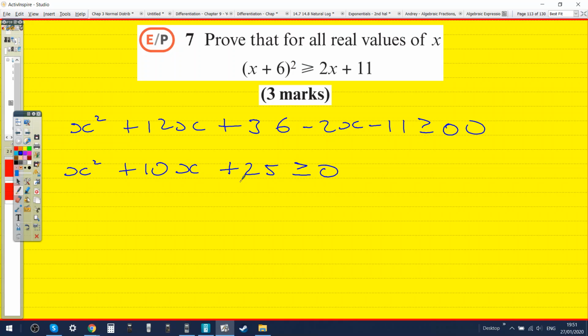Oh, it would just be because there's a square number and there's only positive numbers. It can only minimum be greater. What square number? X squared. Nope. Because it's plus 25.